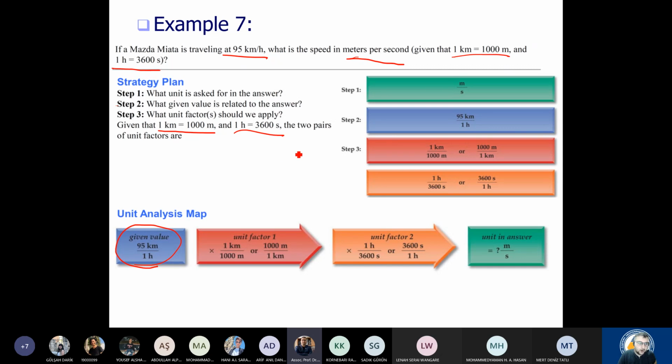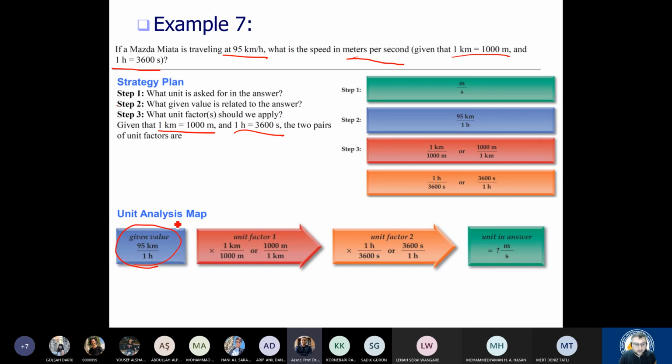So if you divide 1 kilometer by 1000 meter or 1000 meter by 1 kilometer, nothing is changed because they are equal to each other. So it means that they are equal to 1 when you divide them by each other, so that you can multiply by your value.